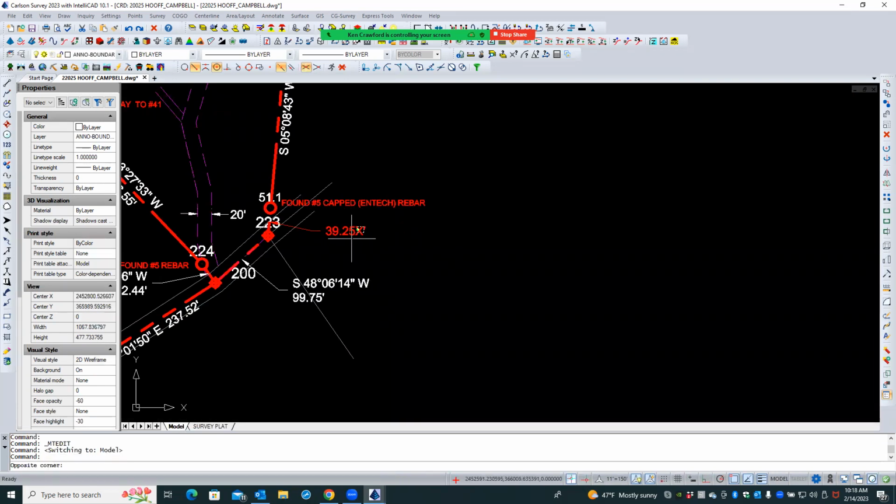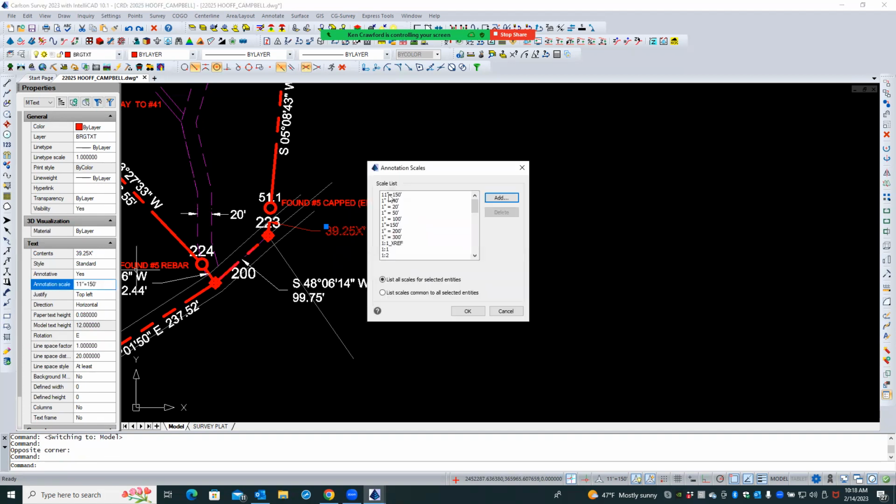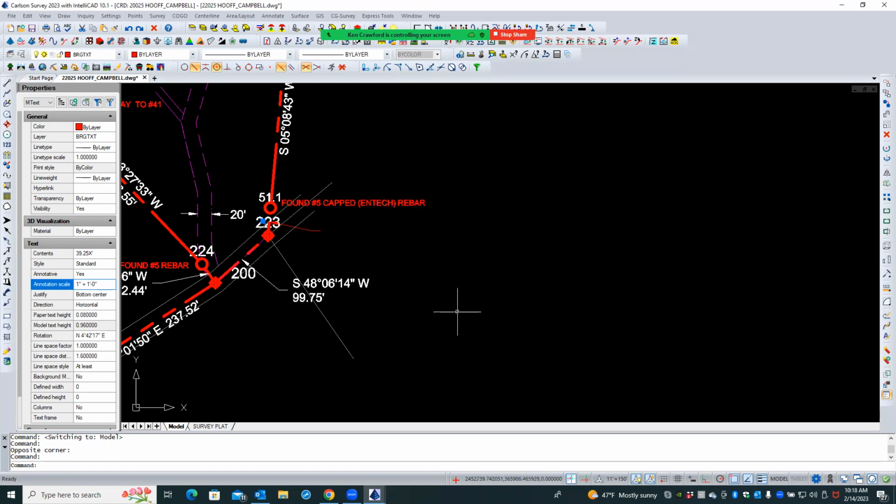It is. Okay. So in here, first of all, we need to get rid of that. And it's paper text height. There we go.